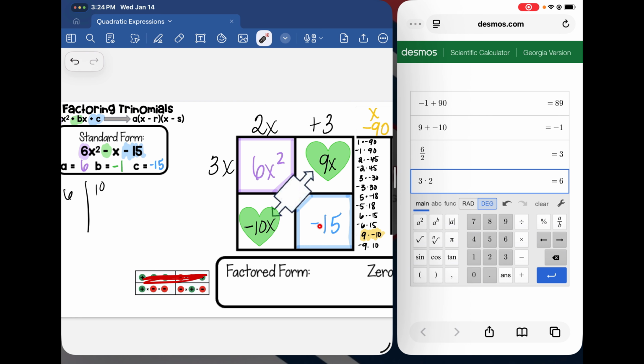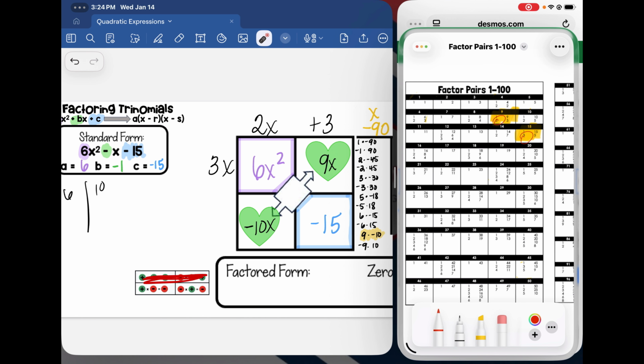So for the outside of this box, I can do it one of two ways. What can I multiply by 2 that is going to give me -10? Or what's the greatest common factor between negative 10 and negative 15? So go to my factor pair sheet. I already have my factors of 15. Here go my factors of 10. What's the biggest number that 10 and 15 have in common?